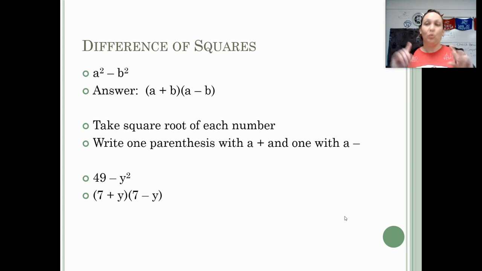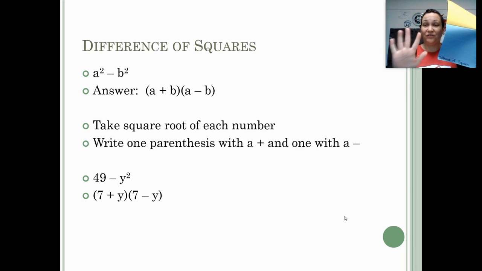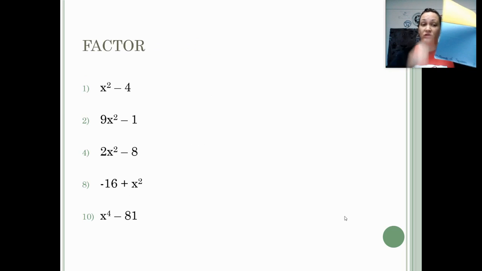That's it, guys. Pretty simple. If you can identify if it's a difference of squares, then you can instantly write your answer. Now, in our first video, we had 10 try on your owns, and we identified 5 of them as difference of squares. So I want you now to go to those 5 that you said yes to, and I want you to write the final answer.